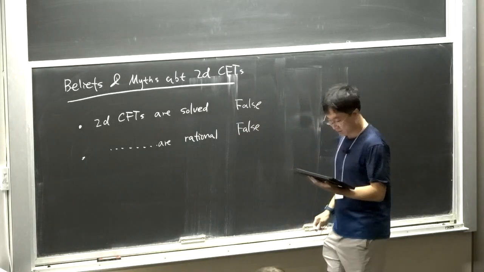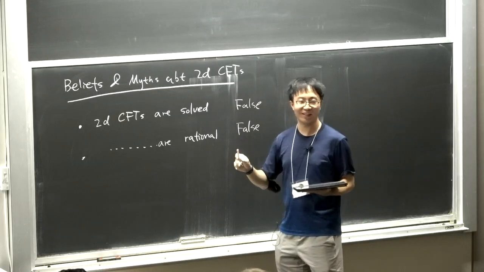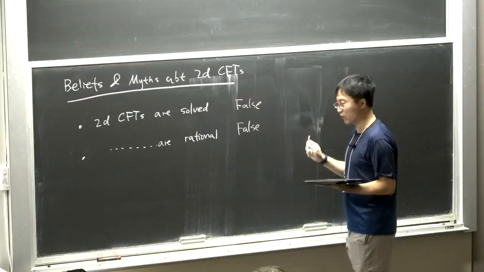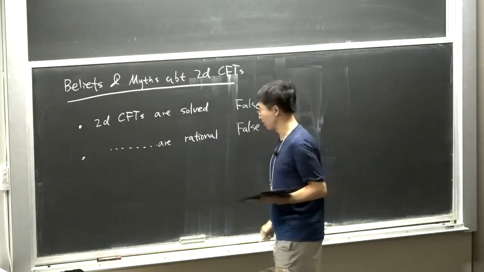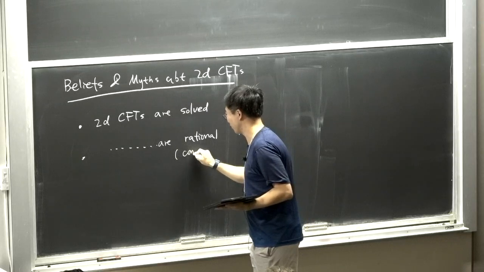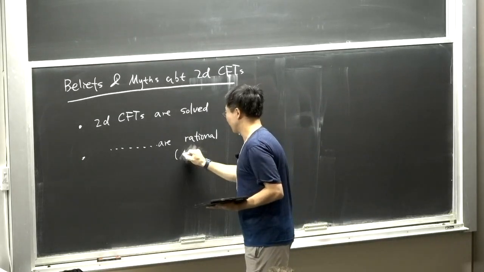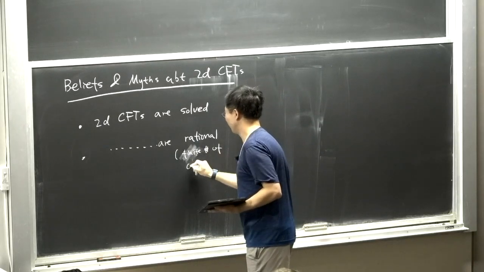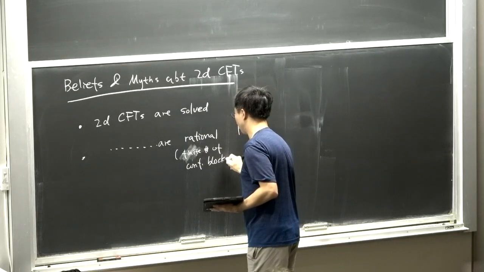And this is not hard to see if you listen to Nati's lecture carefully, because Nati has already given an example where this condition fails. So this condition here, I should write it, otherwise there's nothing to contradict: a finite number of conformal families, also more precisely known as conformal blocks.